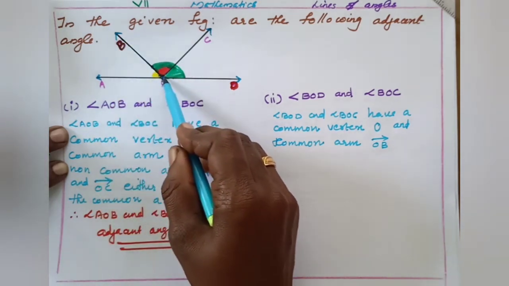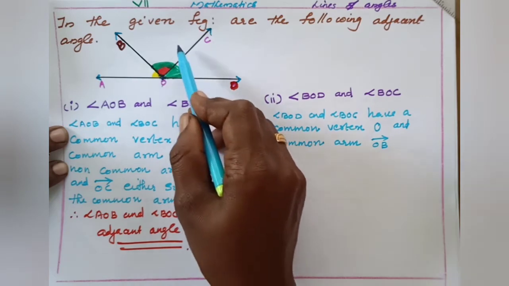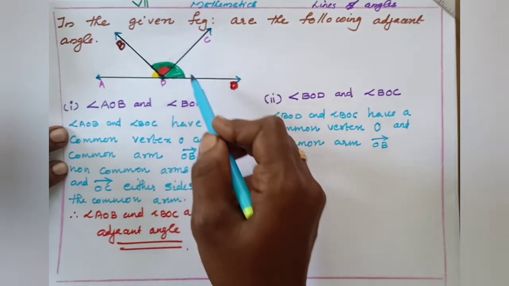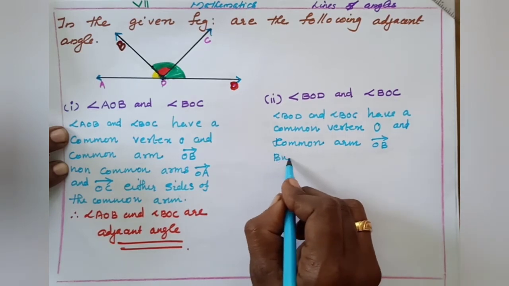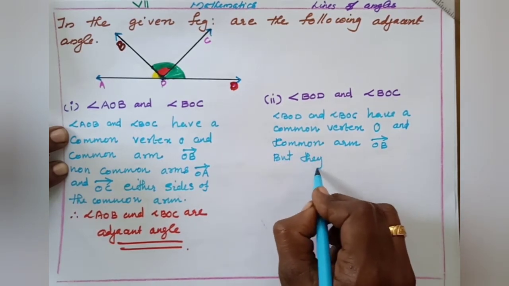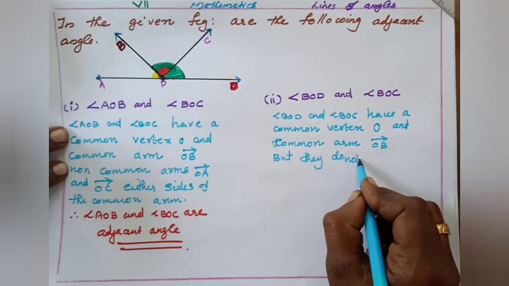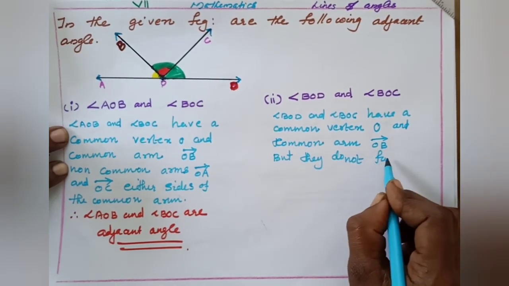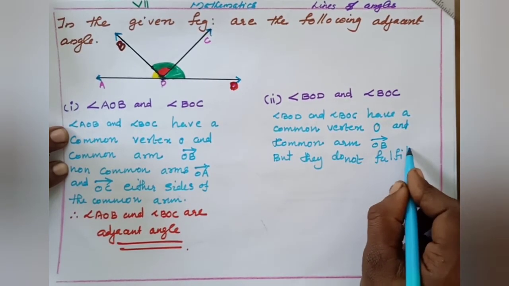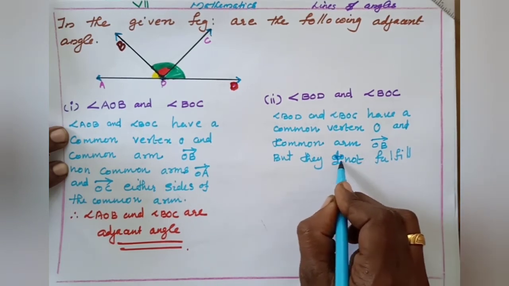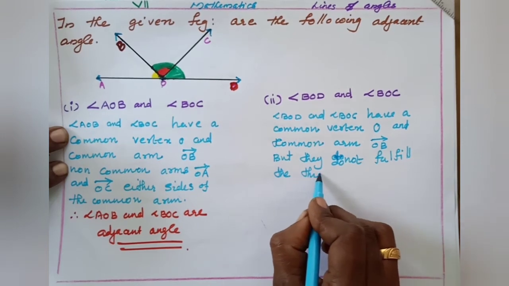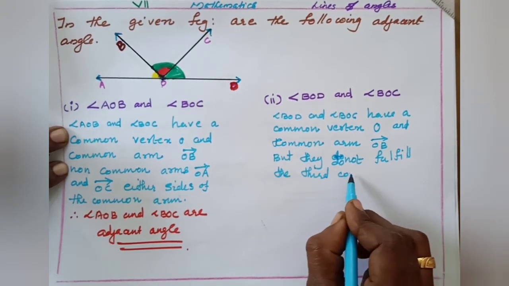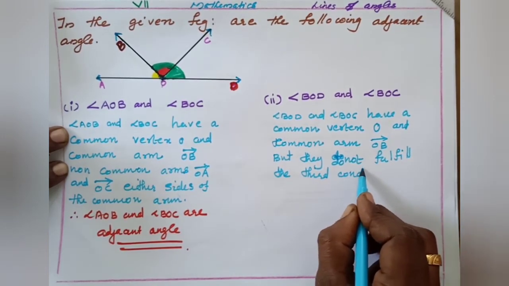OB is here, but the non-common arms OC and OD are on the same side. So they do not fulfill the third condition, which is that non-common arms are on either side of the common arm.